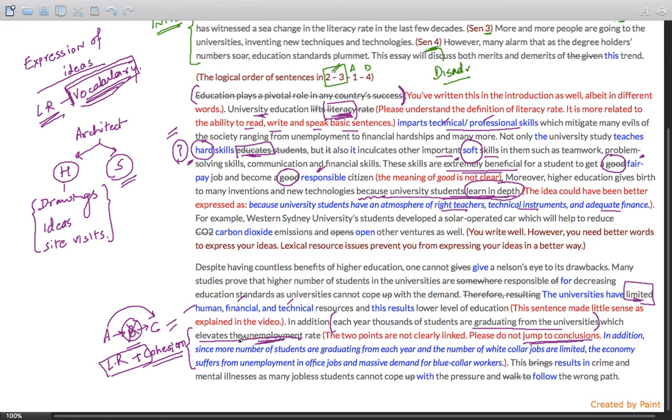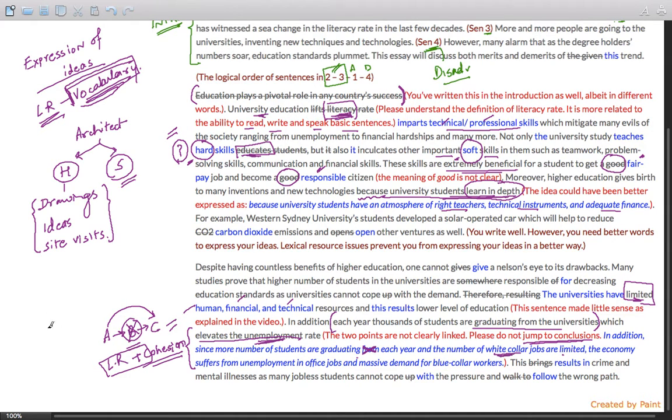There must be something which is missing. B is missing. Let us go through the change in sentence. In addition, since more number of students are graduating each year, so this is the first idea, and the number of white-collar jobs are limited. This is one idea which you should have kept in mind.